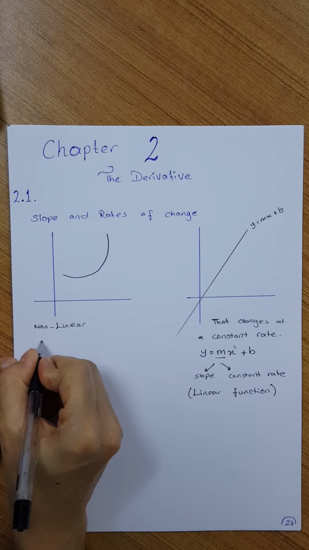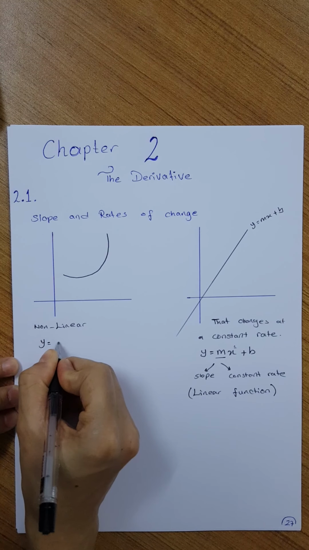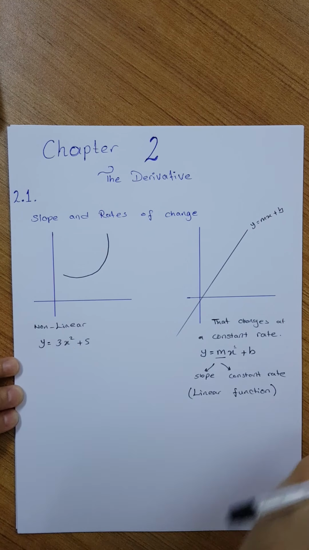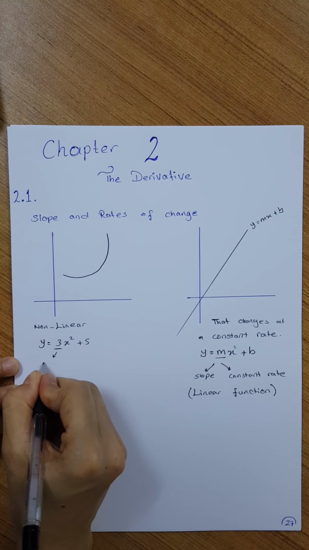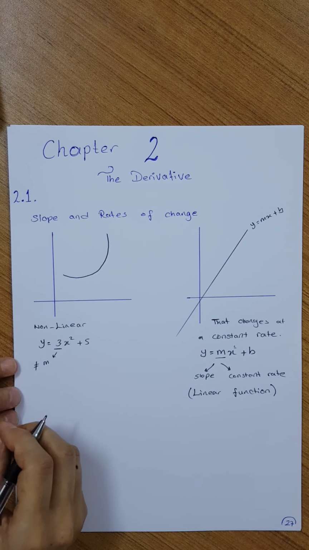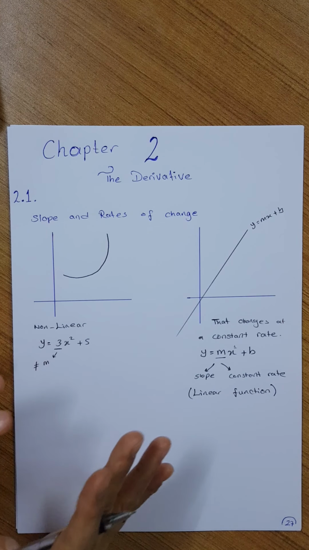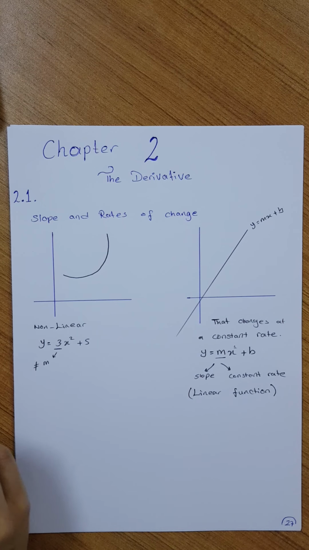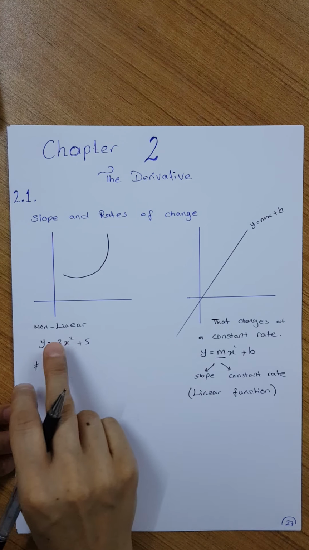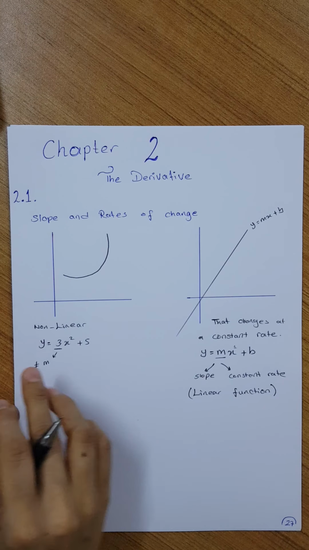For example, if I'm given y equal to 3x squared plus 5, I cannot say that that 3 is the constant rate. That is not equal to m, the slope of the function. I can never say that the number multiplied by x squared is the slope. Why? Because that's not a linear function.